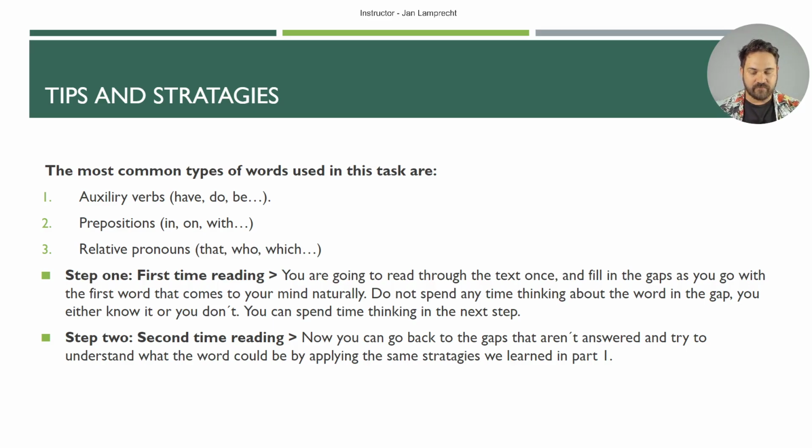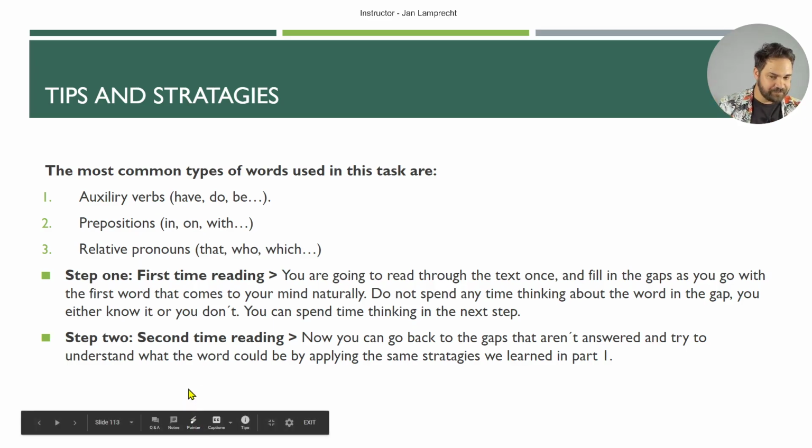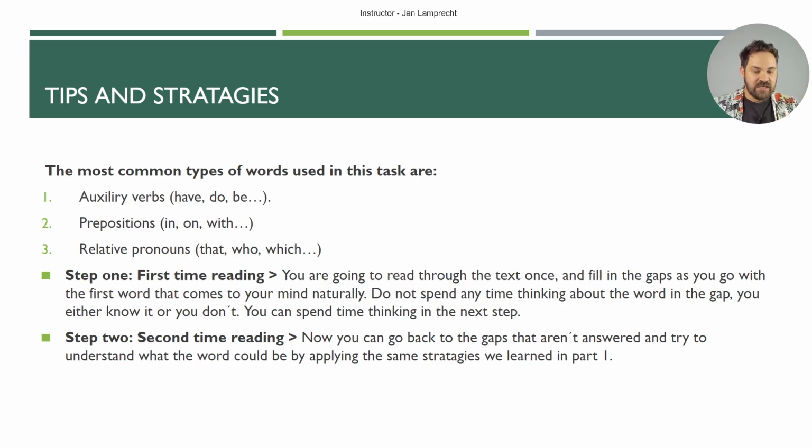What do I mean? You look at the word before and after, and you try to understand what it is that you need. Do you need an auxiliary verb? Do you need a preposition? Do you need a relative pronoun? That is how you would approach this specific task.